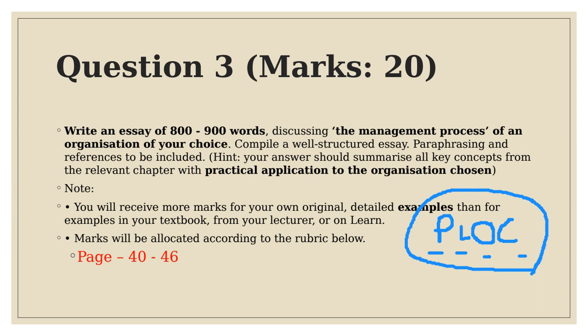Theory means definitions and explanations; application means examples specifically related to your chosen organization. So you take an organization, let's say SPAR or Checkers, and you apply the management process to that. What are some of the tasks and details they would need to focus on in that organization?